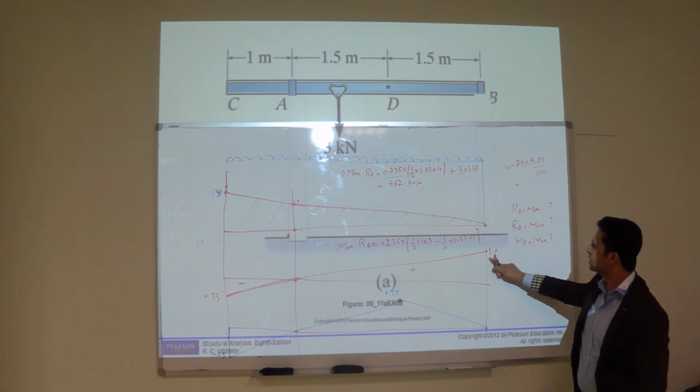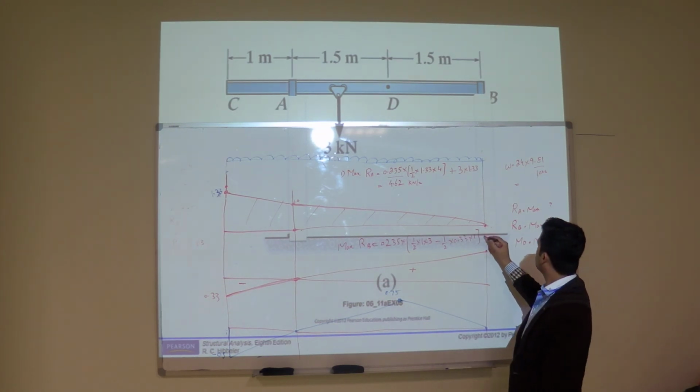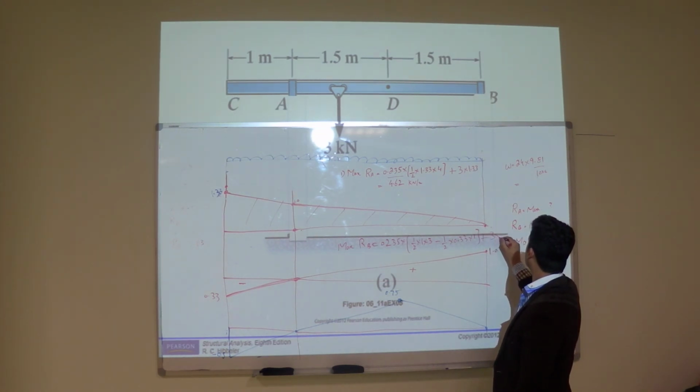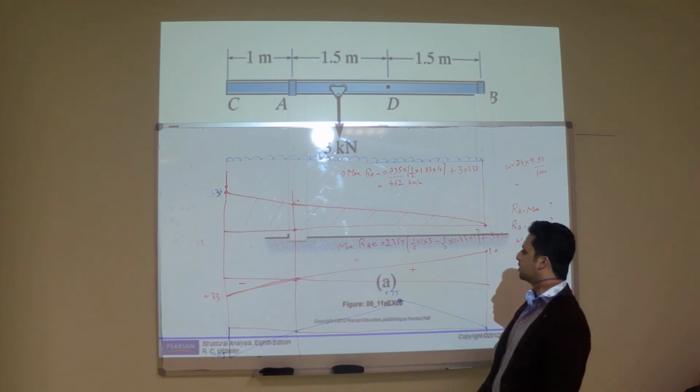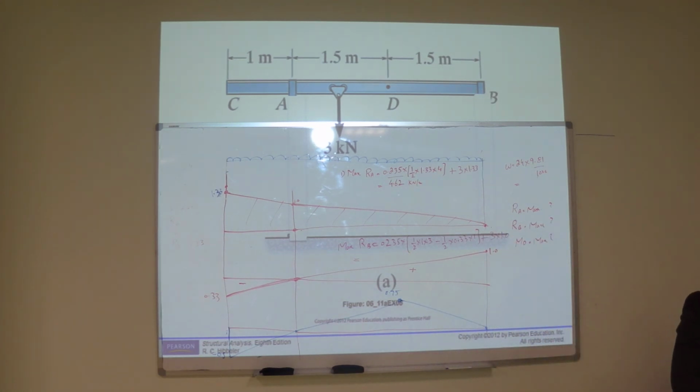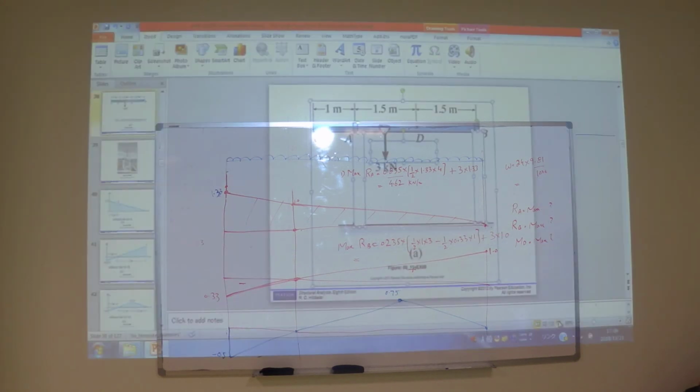When the load is acting at B. So plus 3 into 1. So how much is RB? 3.314.